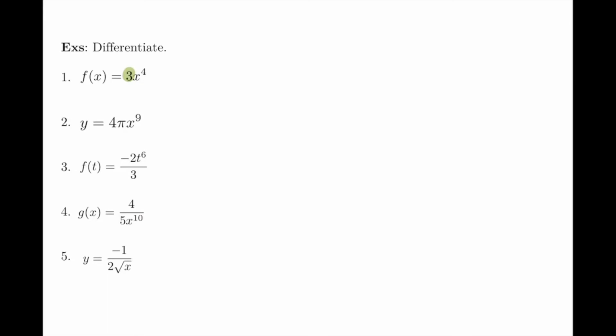So what this rule says is that your derivative of the entire function is just going to be 3 times the derivative of x to the fourth, which we know how to differentiate. That will be 4x to the third. Now we can simplify this by multiplying the 3 and the 4 together. So that will give us 12x to the third.